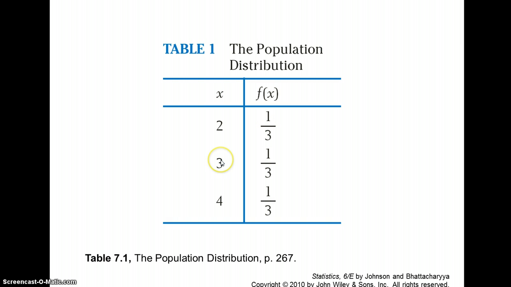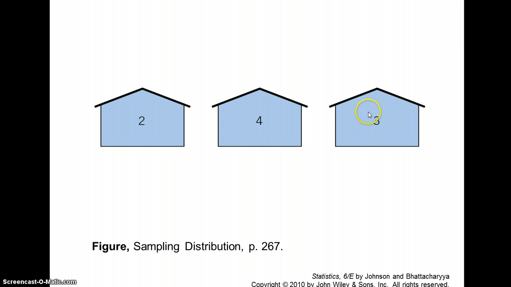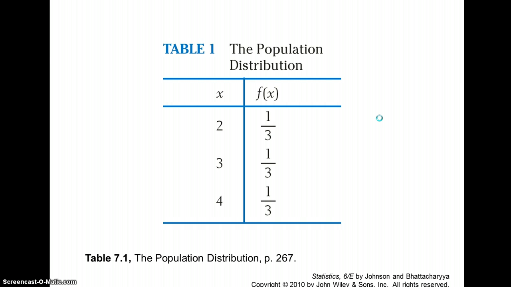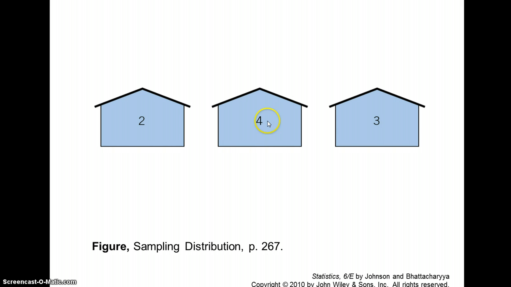Similarly, what's the chance of selecting a unit that has 3 apartments? That's also 1/3 because only one out of these 3 units has 3 apartments, and the same for 4. Suppose you just put these 3 numbers 2, 3, 4 in a box, and randomly pick one without looking.